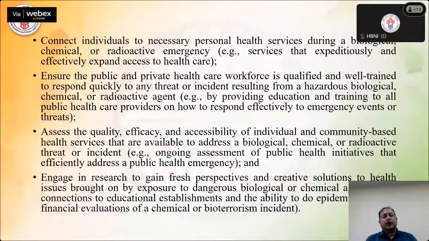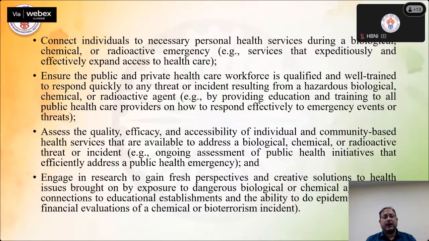Connect individuals to necessary personal health services during a biological, chemical, or radioactive emergency. Examples: services that expeditiously and effectively expand access to healthcare, and ensuring the public and private healthcare workforce is qualified and well trained to respond quickly to any threat or incident resulting from a hazardous biological, chemical, or radioactive agent.